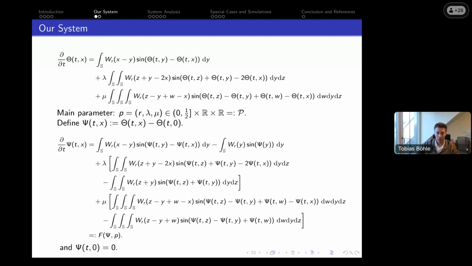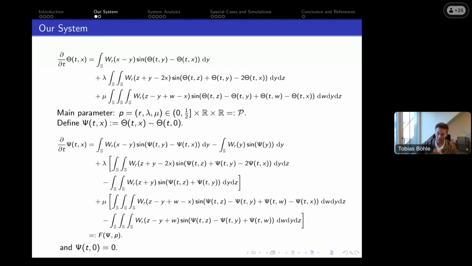Now you can work out the time derivative of this function psi, which is basically the time derivative of the function theta itself, this part for the pairwise interaction, and then you subtract the time derivative of theta where x is equal to 0. This is this part for the pairwise interaction. And then you also have the parts for the triplet and the quadruplet interaction.